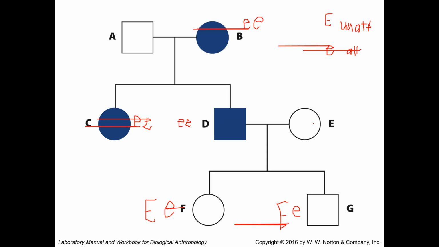Again, we don't have enough information for individual E or individual A, so they can be big E, little e, or big E, big E. Very hard to do this with the mouse.